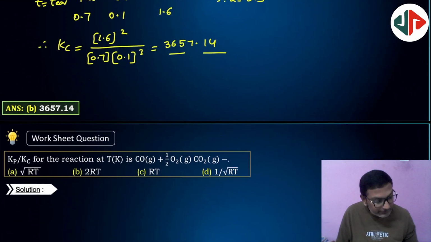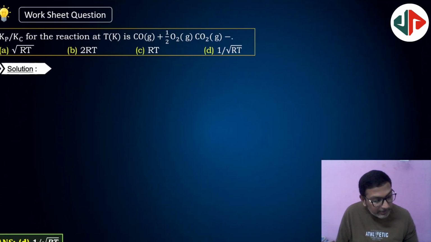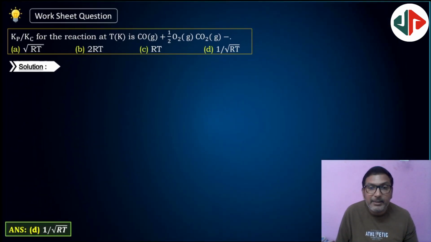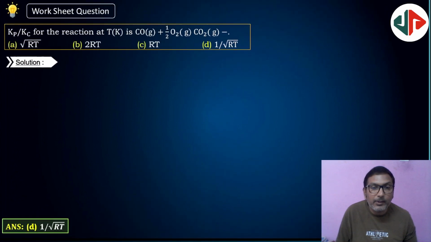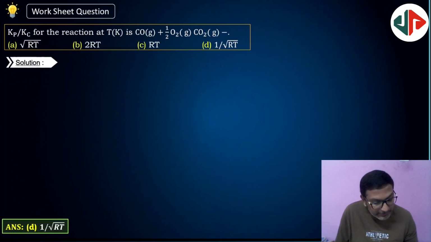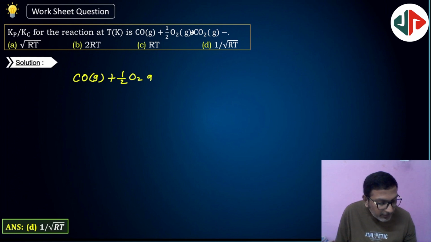Next, Kp by Kc value for this reaction. So here the arrow must be there. So given CO gas plus half O2 gas gives CO2 gas.